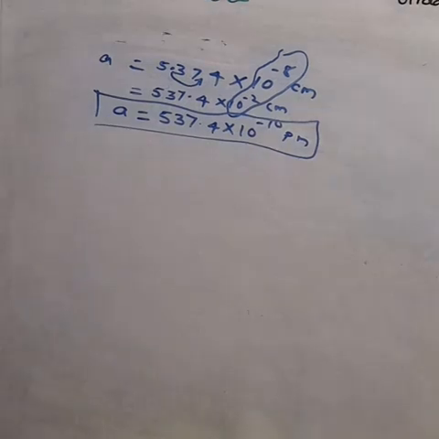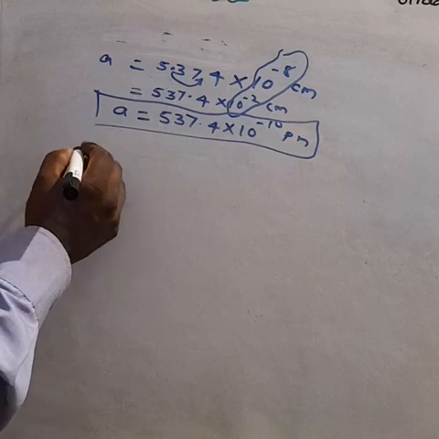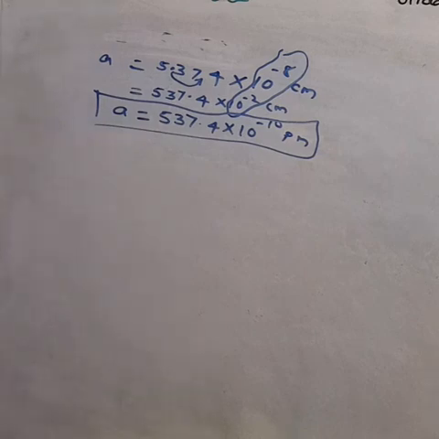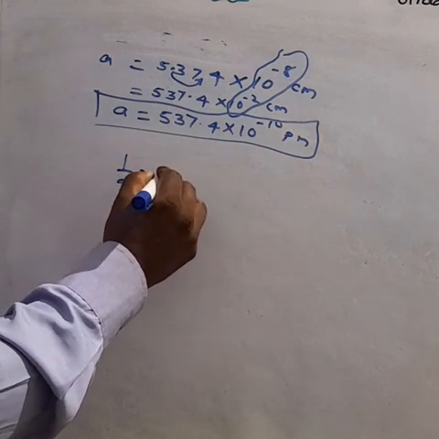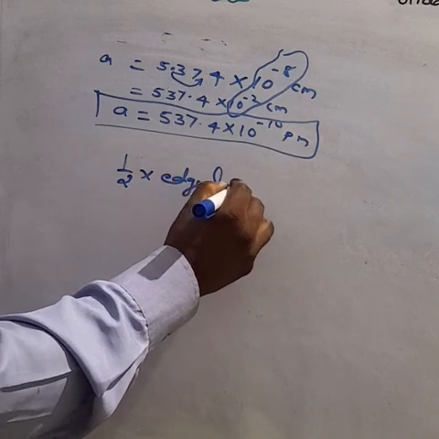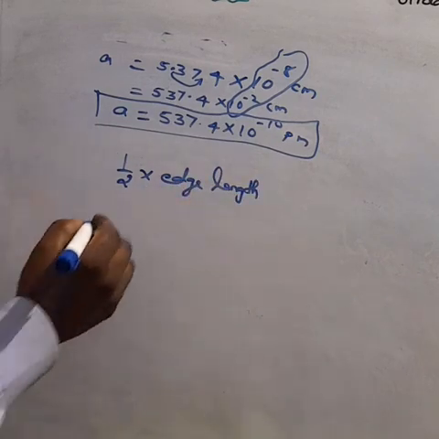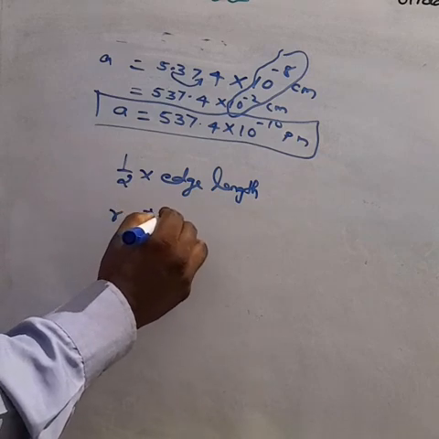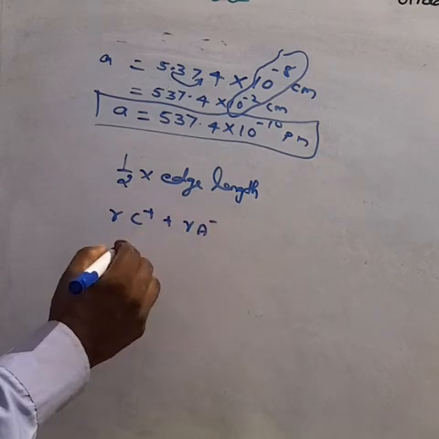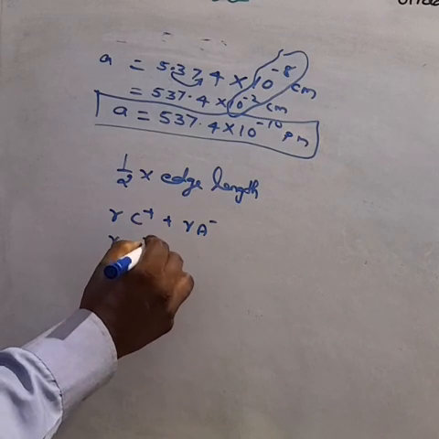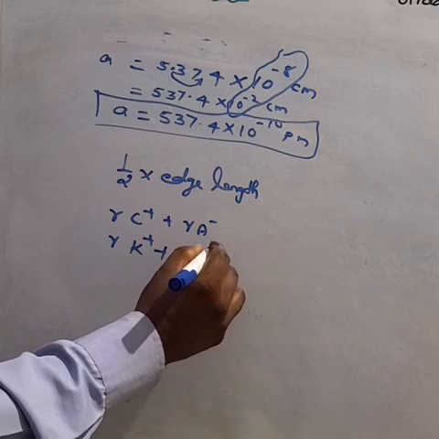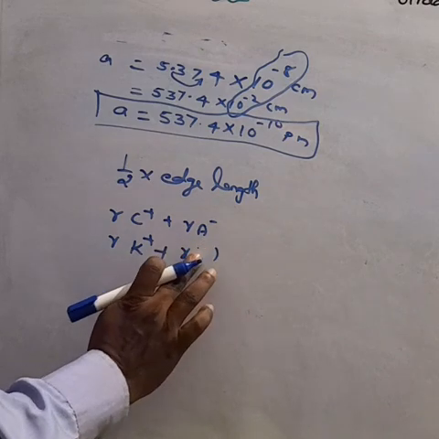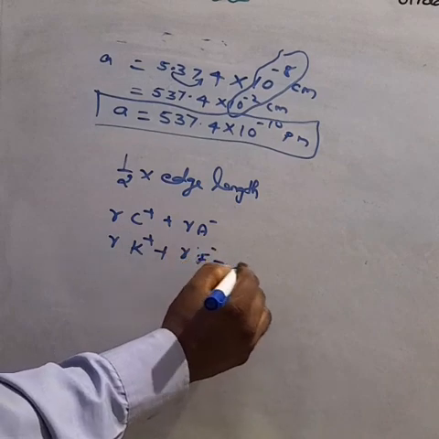Next, we can calculate the distance between K plus and F minus, which is equal to half into edge length. That is, radius of cation RK plus plus radius of anion fluoride RF minus is equal to A by 2.